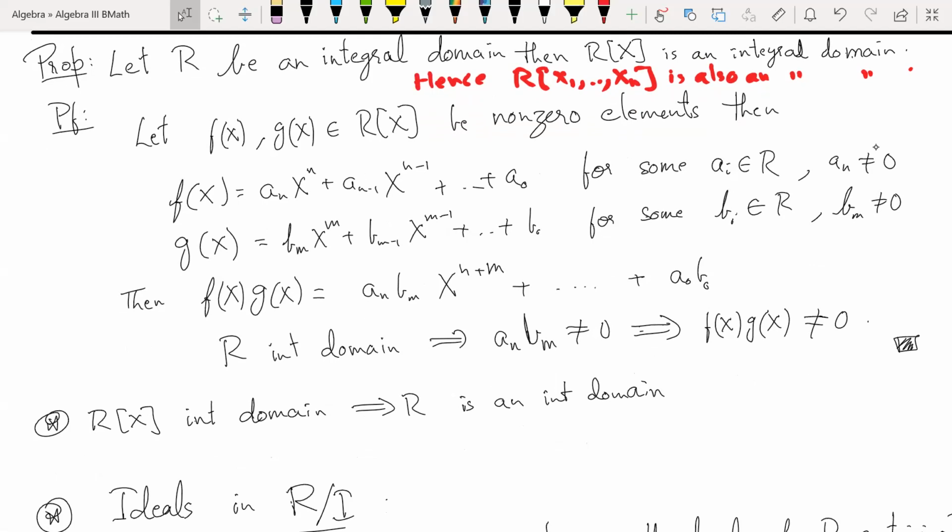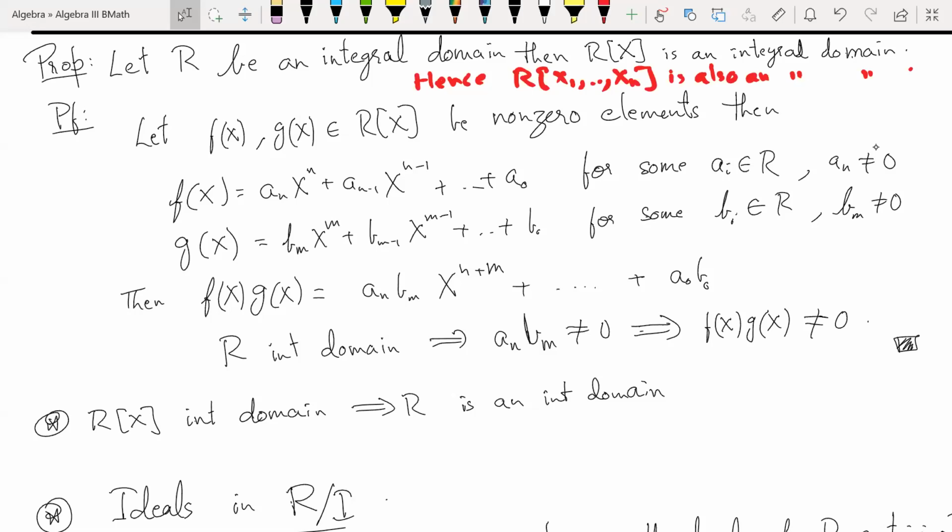Then f(x) times g(x). We know how the multiplication works, so you can use the formula which we wrote down for the polynomial ring, or you use your experience of handling polynomials from high school. It becomes a_n times b_m times x^(n+m), plus some intermediate terms which are slightly more complicated to write, and then the constant term is easy to write, a_0 times b_0.